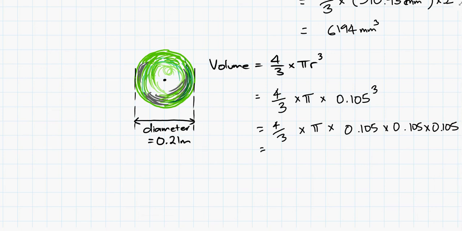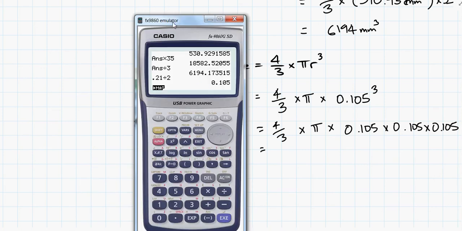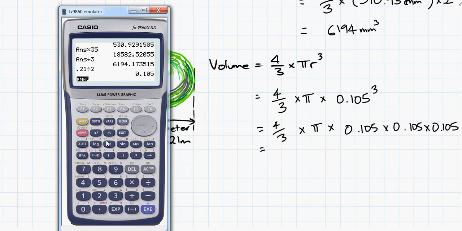Or you could just use this button here on your calculator. We're using that pointy mountain button, that's what I like to call it, and what that does is it raises a number to a certain power.